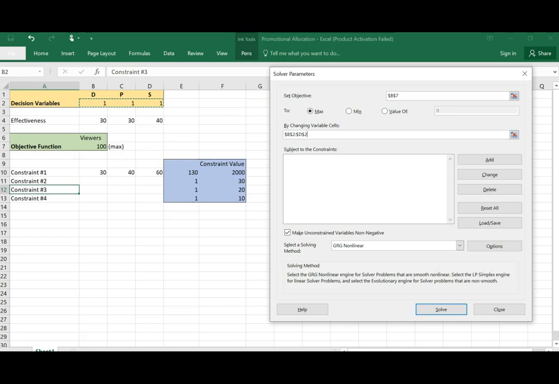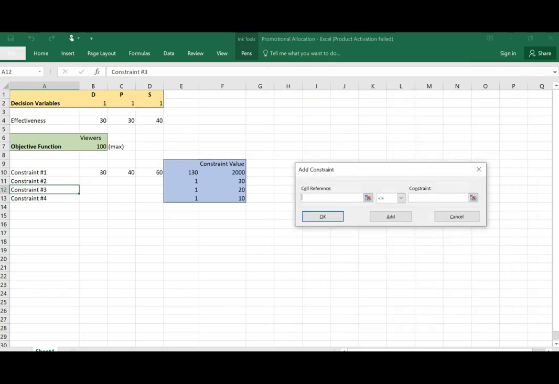This third piece, the constraints, is a little bit more complicated. There's nothing in the constraints. What I have to do is individually add each of those constraints. Notice I can add, change, delete, and do a bunch of stuff. The first constraint was the budget constraint. So I'm going to put a cell reference that is the cell that references the cells that have my decision variables.